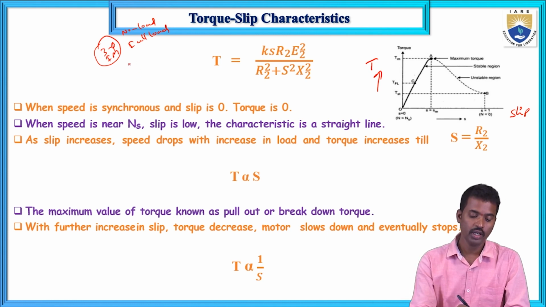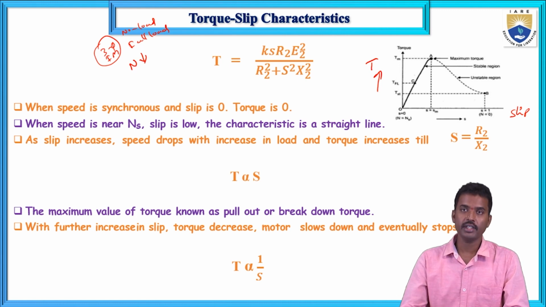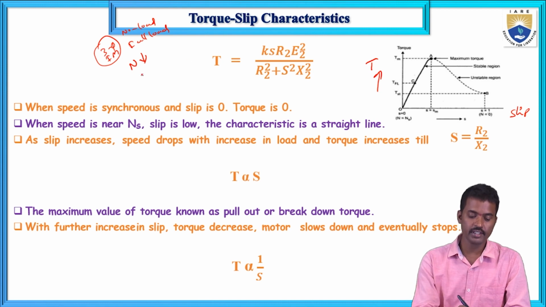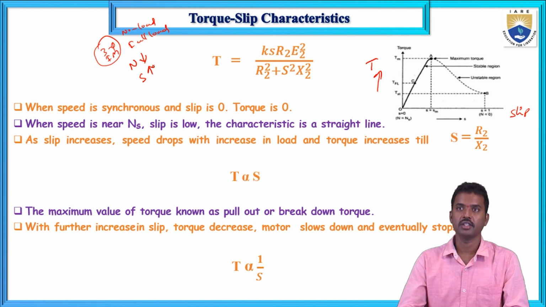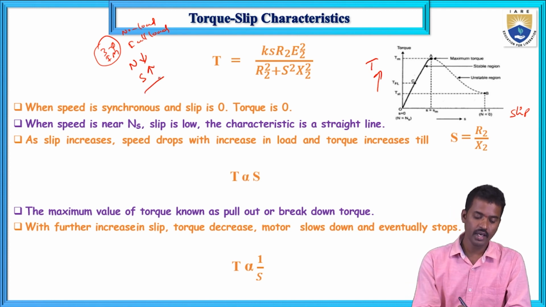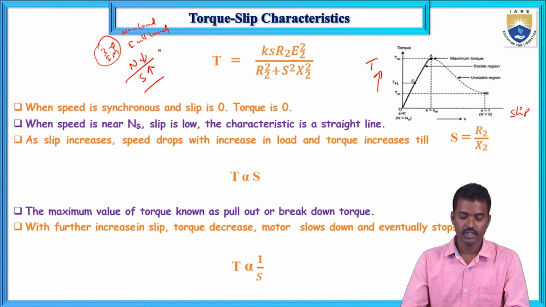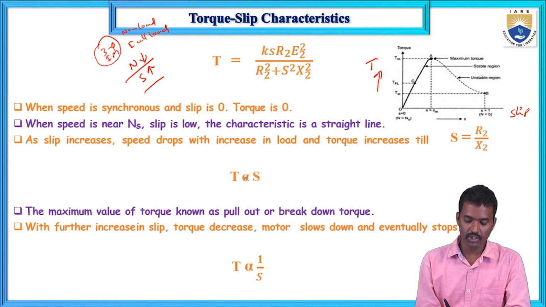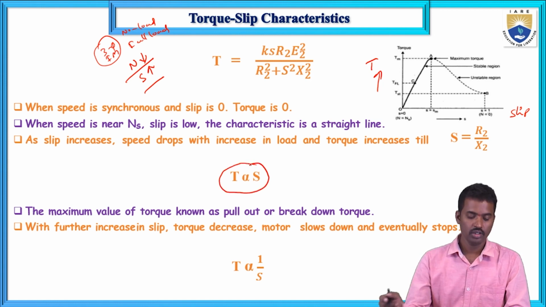The motor is loaded and speed decreases. When the motor goes from no load to full load, speed decreases, and speed decreases means slip increases. Slip increases means to satisfy this load demand, torque must increase. Torque is directly proportional to the slip.